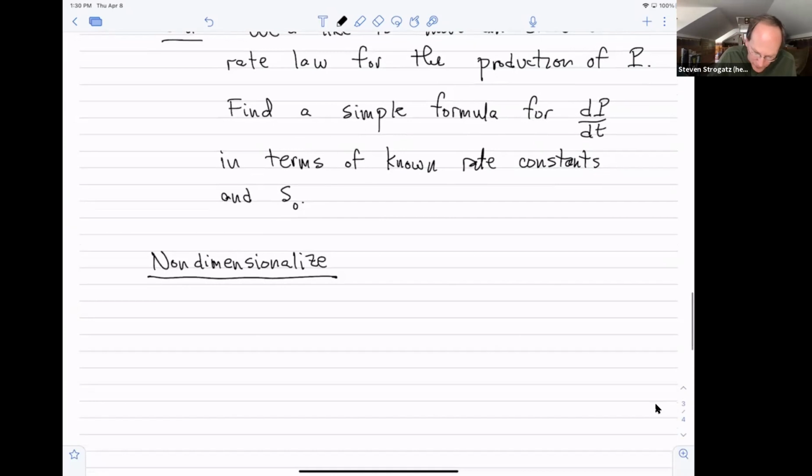I'll first non-dimensionalize the concentrations, then I'll do the time. I'll take two steps in this process. In other words, what are natural concentration scales and what are the natural time scales?